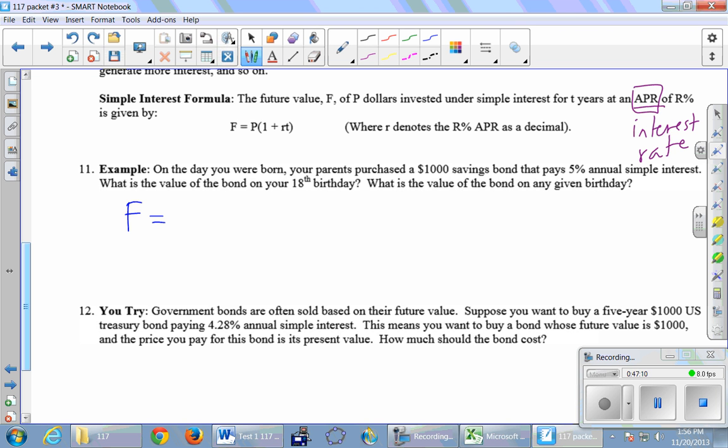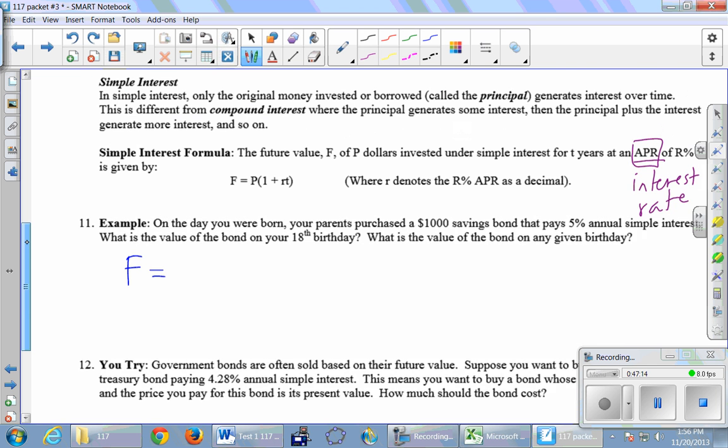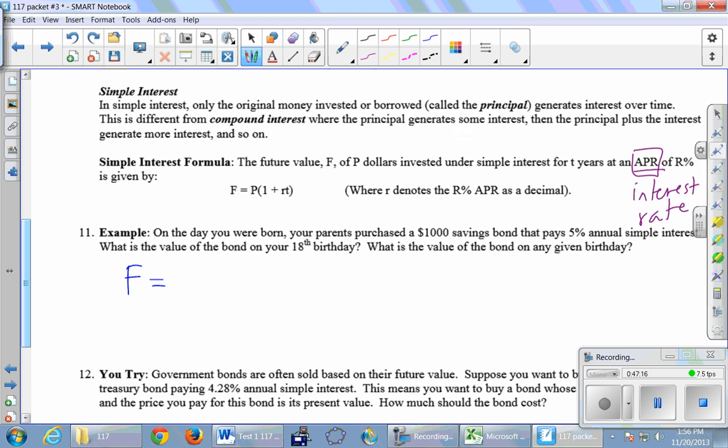P is the present value or original value. The business word is principal. How much is it? $1,000. That's what gets invested initially. 1 plus R. R is the interest rate. What is it? It's 5%.